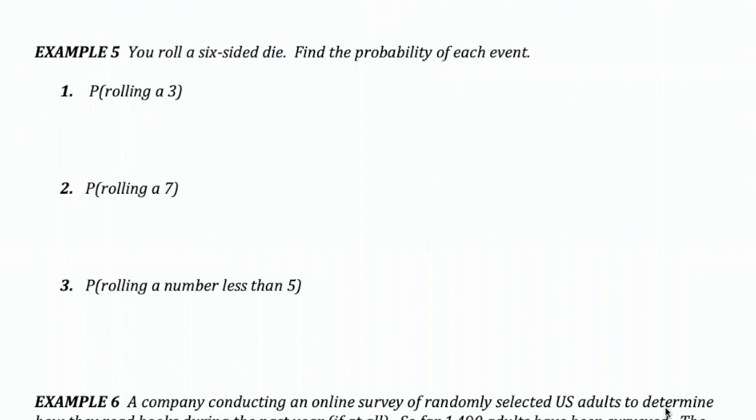So let's practice finding probabilities in each of the different ways. You roll a six-sided die. Find the probability of each event occurring. All right, when you roll a six-sided die, assuming it's a fair six-sided die, all the outcomes are equally likely. So this is going to be a classical probability.